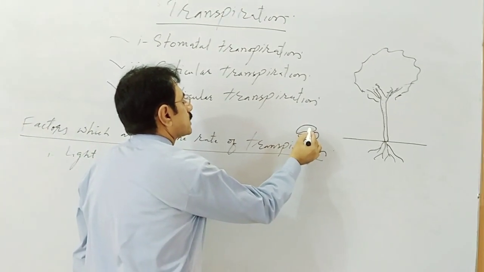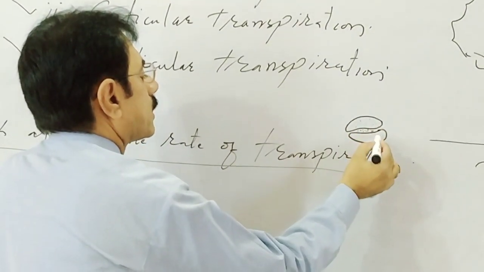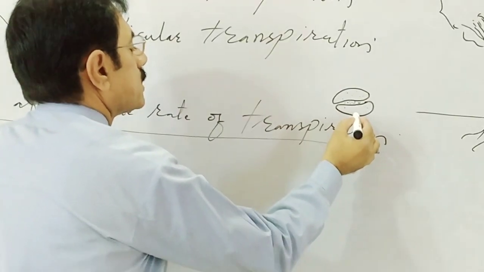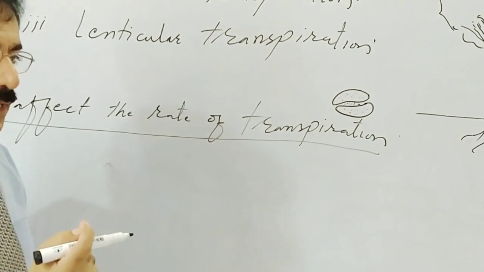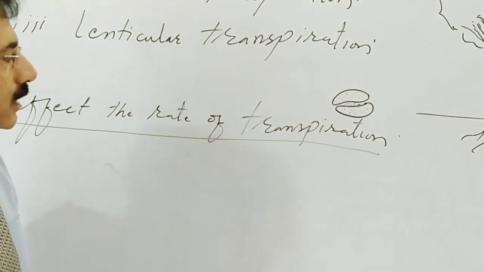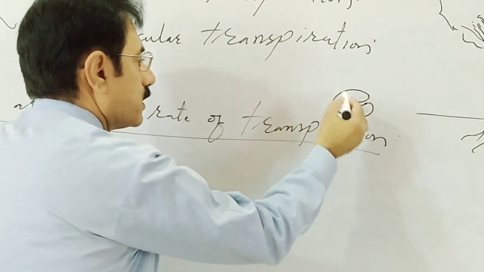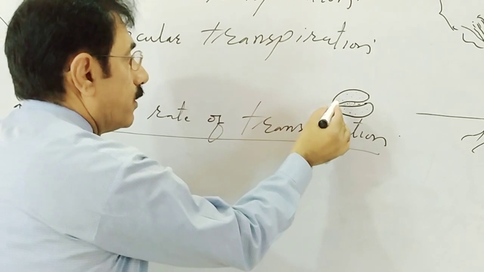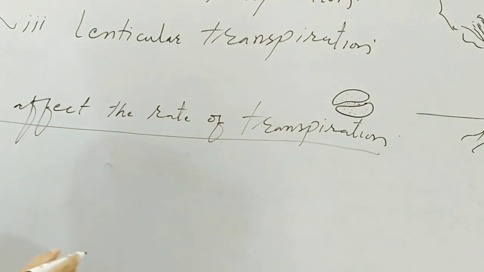When sunlight strikes the guard cells, it results in the synthesis of glucose, the carbohydrate. When glucose molecules increase in the guard cells, they result in an increase of solute potential.